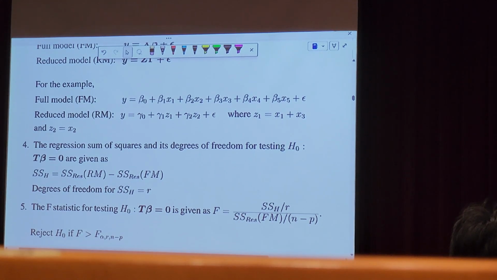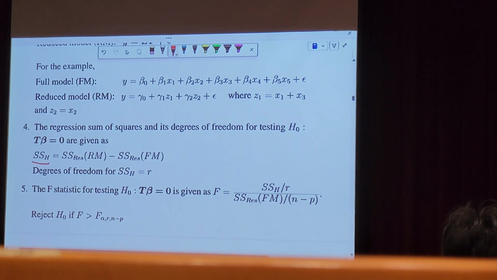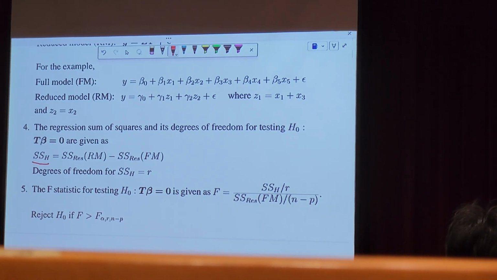The SSH that we can use to test this set of constraints on beta is given by SSH, which is the residual sum of square of the reduced model minus the residual sum of square for the full model.